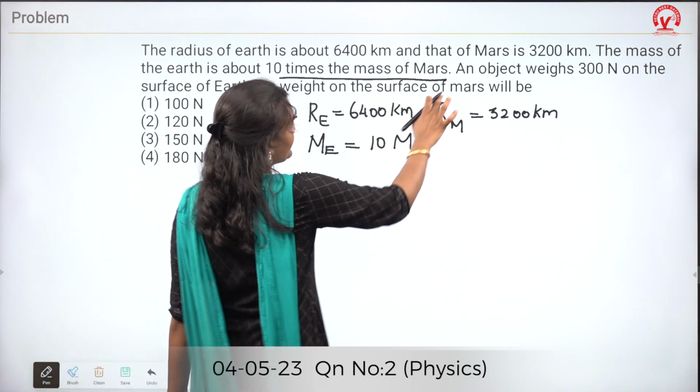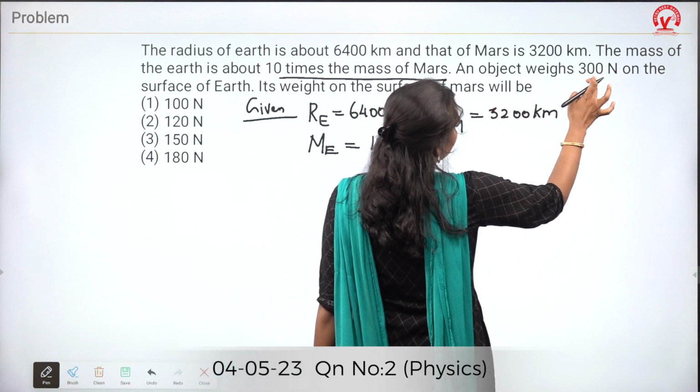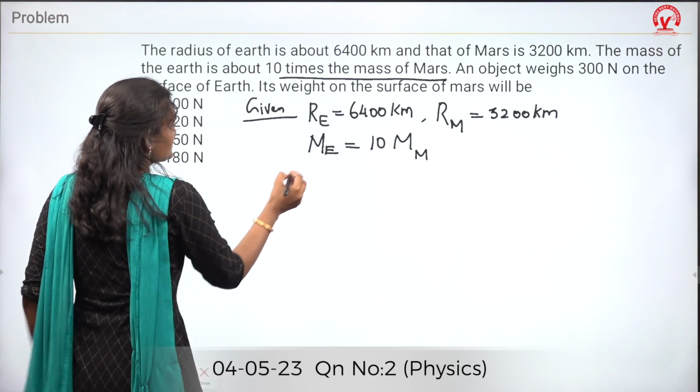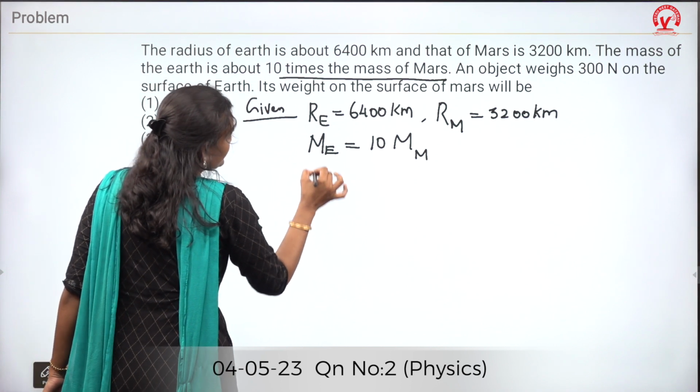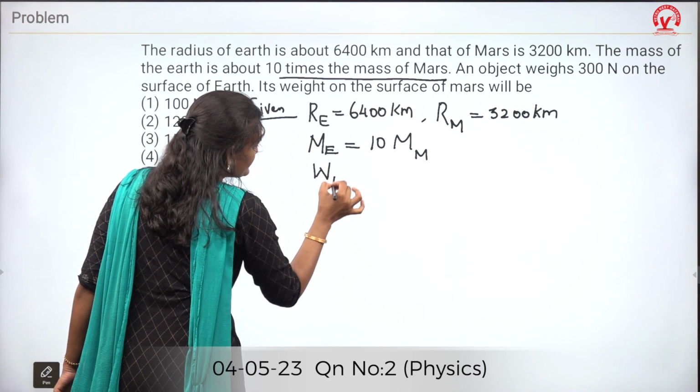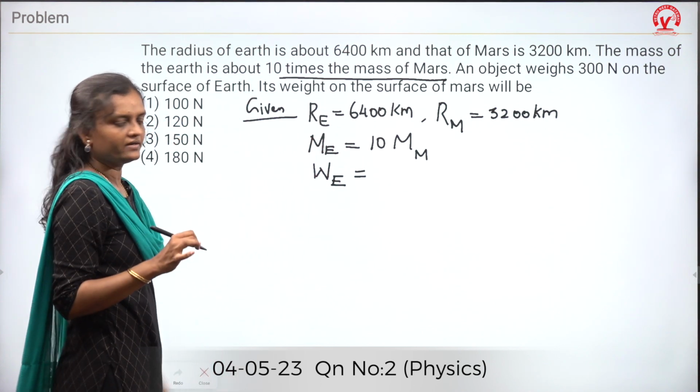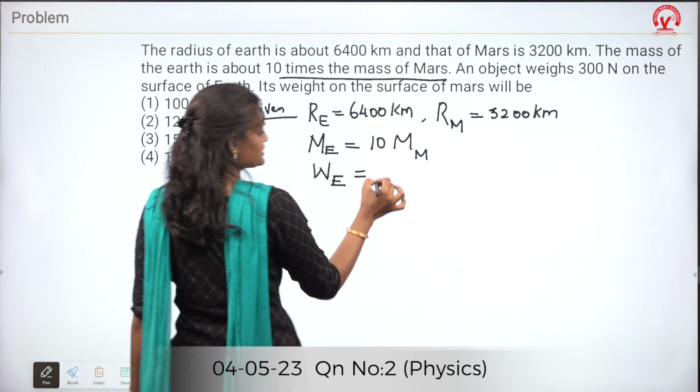And an object weighs 300 Newton on the surface of earth. So on the surface of earth, weight WE is equal to, we know that weight is mass into acceleration due to gravity.